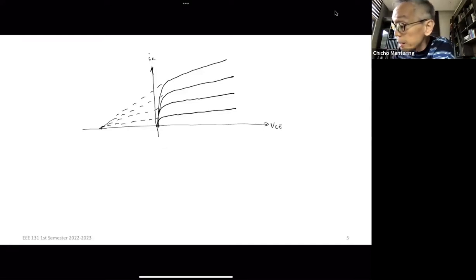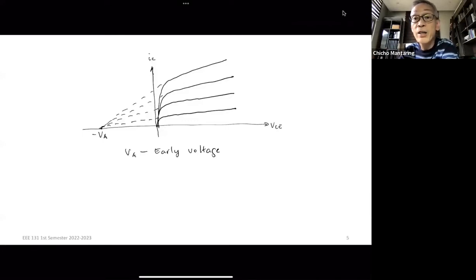These straight lines will all appear to converge at one point. And that voltage we call negative V sub A, where V sub A is what we call our early voltage. It is named after the scientist who studied the early effect. We call that the early voltage.